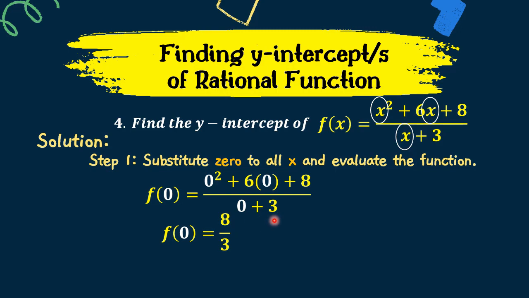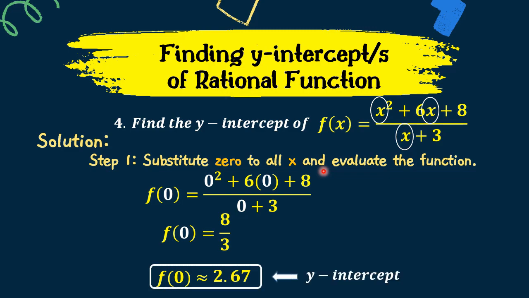And 0 plus 3 is equal to positive 3. So simplify. 8 divided by 3 is approximately equal to 2.67, because we have rounded off to 2 decimal places. So that is why the function of 0 is approximately equal to 2.67. And this is our y-intercept.